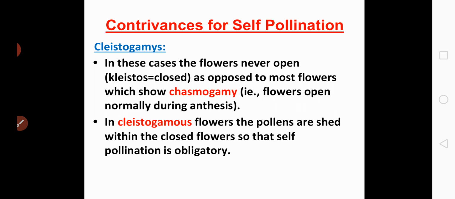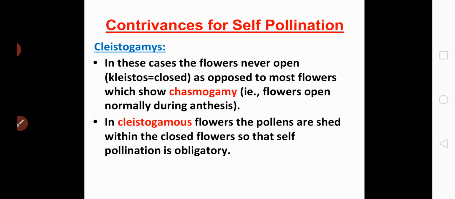Now what do you mean by cleistogamy? In these cases, the flowers never open, as opposed to most flowers which show chasmogamy. Chasmogamy means the flowers open normally during anthesis. Anthesis means the process of splitting of the anther.